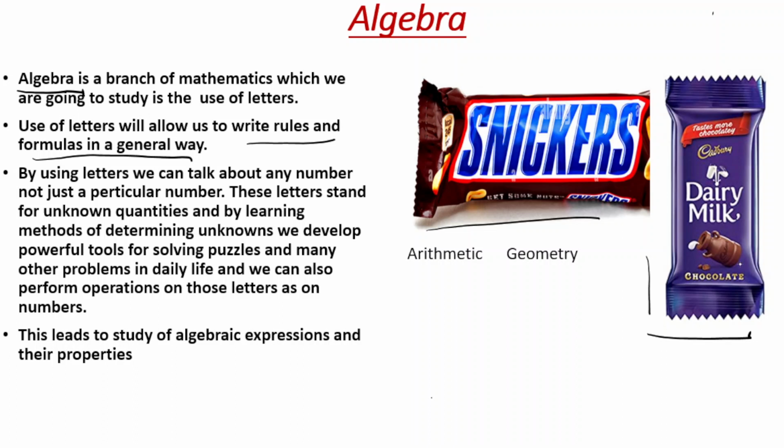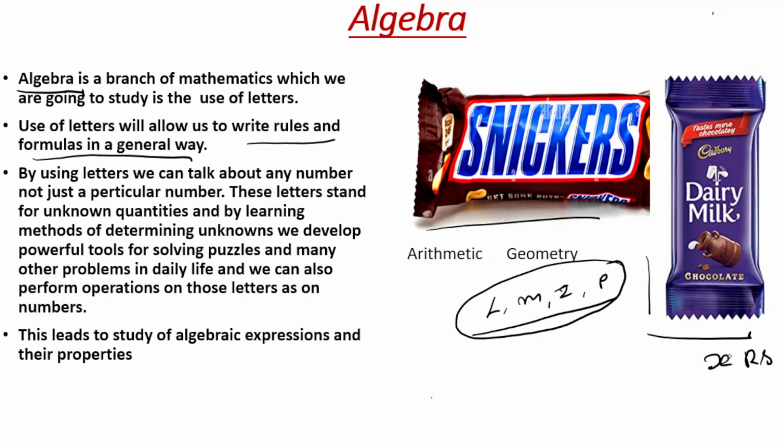Suppose here we don't know the price of Dairy Milk. So let's assume the price of Dairy Milk as x. Children, generally we take x and n to represent the unknown values, but we can take any letters like L, M, Z and P. You can take any letters from the English alphabet to represent the unknown quantities.